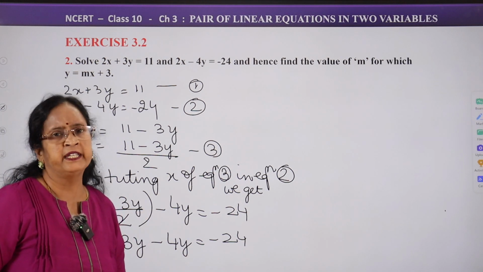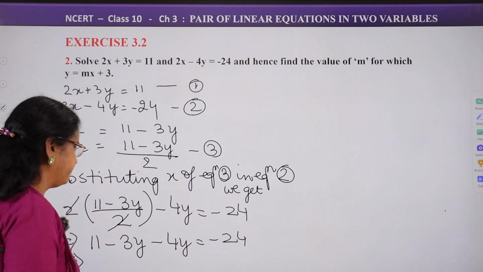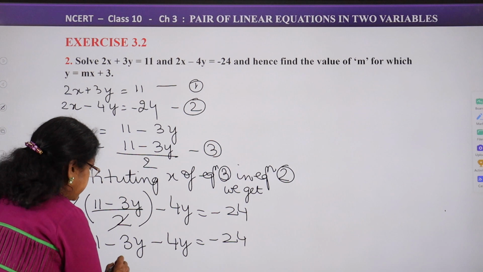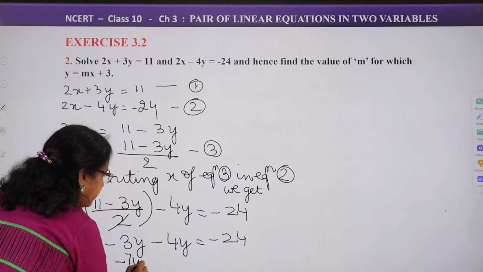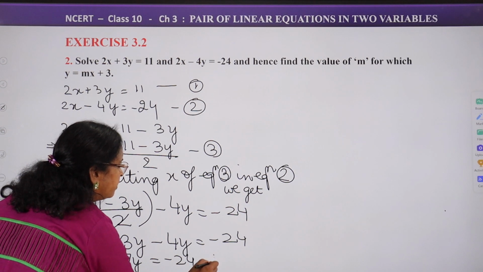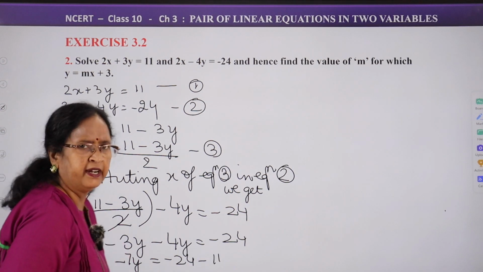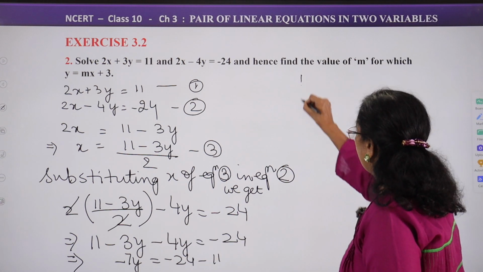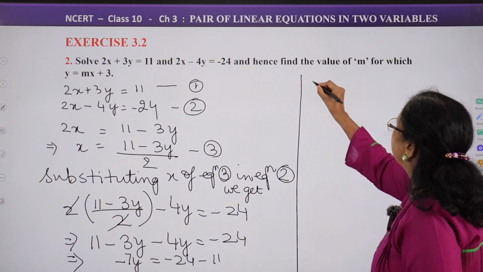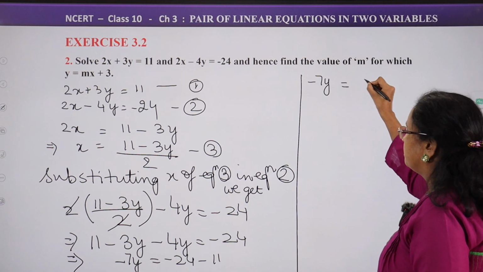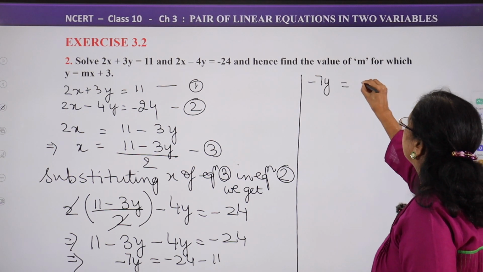So, we can find the value for y. Minus 3 minus 4, it is minus 7y is equal to minus 24 minus 11. Alright. Now, continuing with this, what do I get? Minus 7y is equal to minus 35.